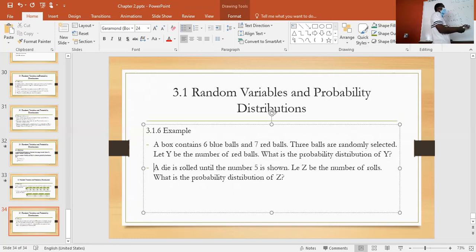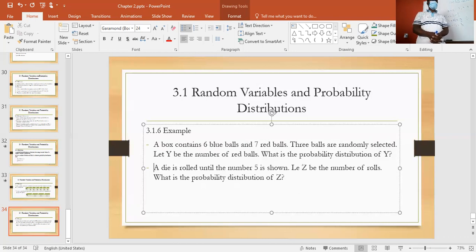If on the first roll you don't get 5, what is the probability that you will not get a 5 on the second roll?